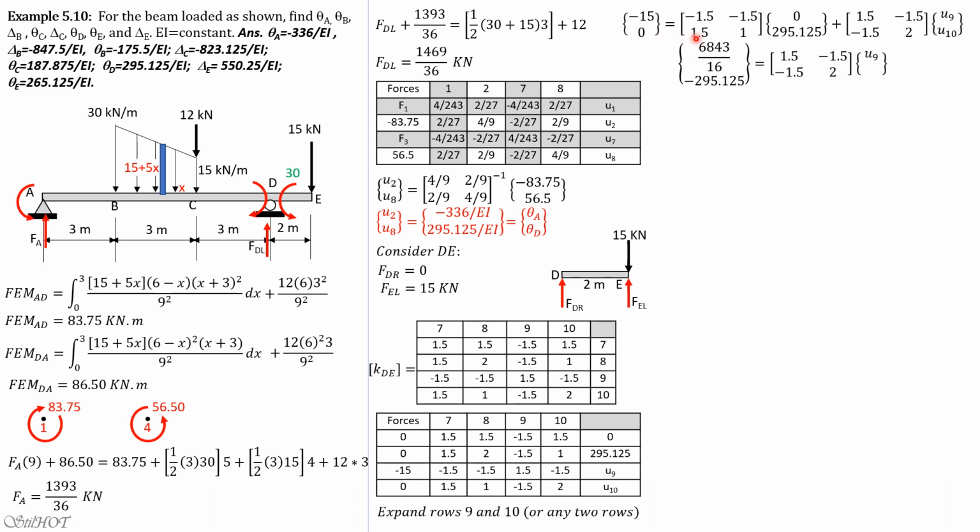Then 0 minus 295.125, 1 times 295.125 is 295.125 to the left, so minus 295.125 times this matrix multiplication here. So this is 2 by 2. You can use your calculator easily to solve the value of U9 and U10, and they are 550.25 over EI and 265.125 over EI, which corresponds to delta E and theta E.